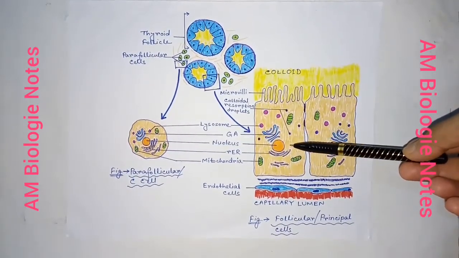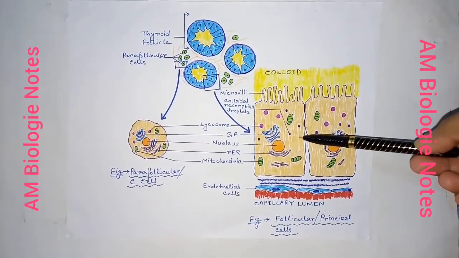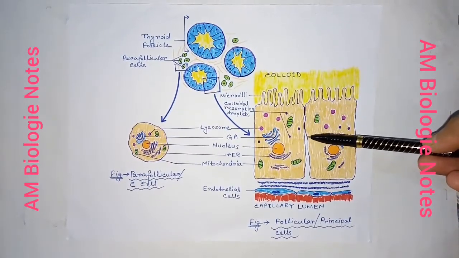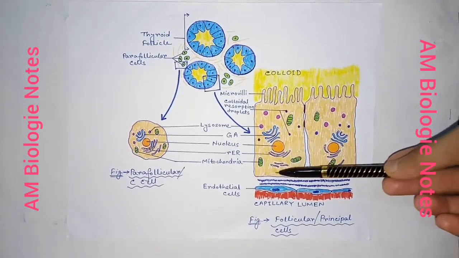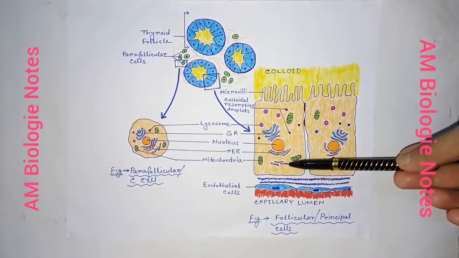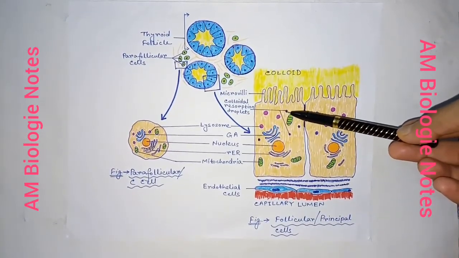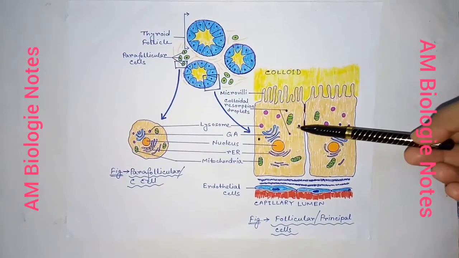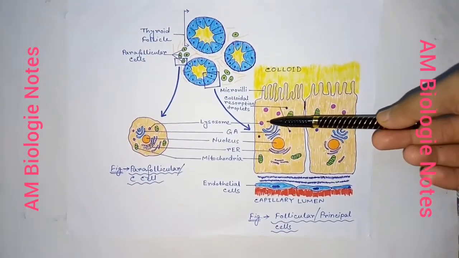The follicle cells reveal organelles commonly associated with both secretory and absorptive cells. Numerous profiles of rough endoplasmic reticulum are present in the basal region. Abundant endocytotic vesicles identified as colloidal resorption droplets and lysosomes are also present in the apical cytoplasm.